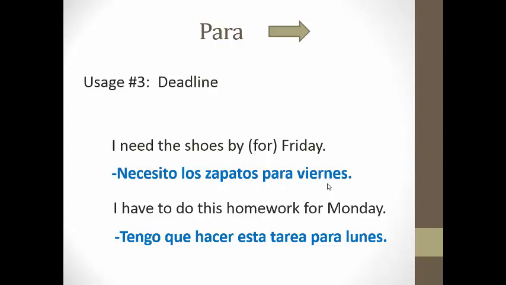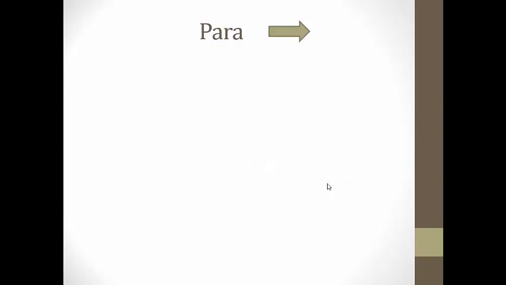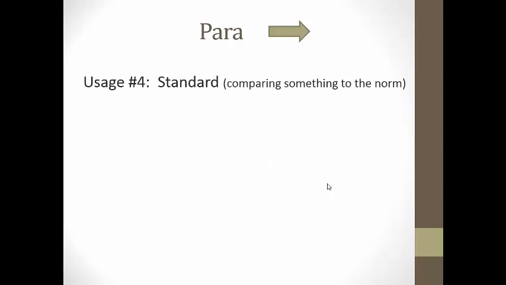Okay, next up, usage number 4. Standard. Anytime you're comparing someone or something to what is considered the norm, okay, like for such a young child, he is very intelligent, that is para. Here's some practice questions for you. Paco is tall for his age.